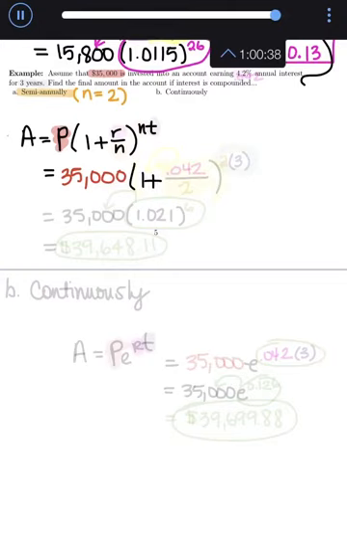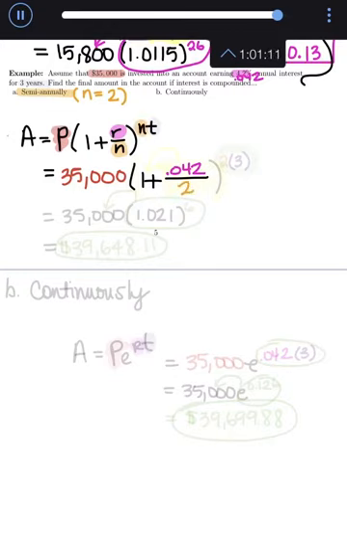And then what goes on top of your fraction first is the interest rate, which was 4.2%, but we have to plug it in as a decimal, meaning divide by 100 or move the decimal place 2 places, which turns into 0.042. So 0.042 divided by n, which is the number of times per year you're going to get your interest, which we just said was semi-annual is 2, twice a year.